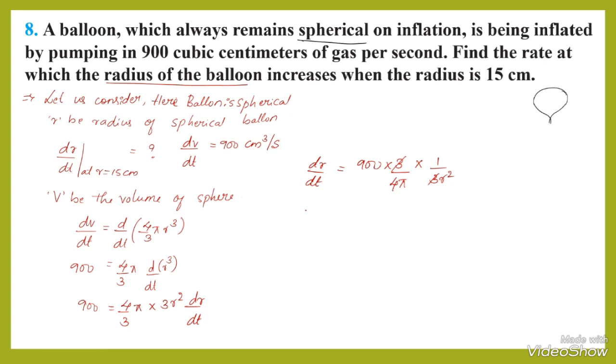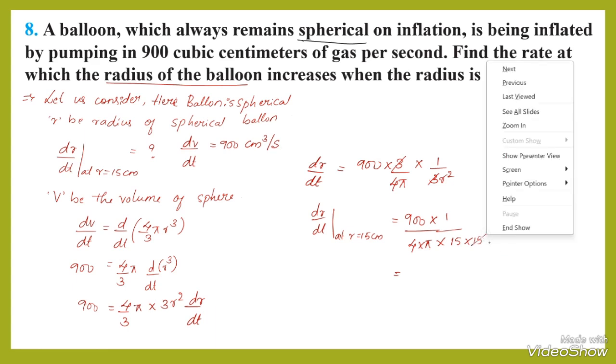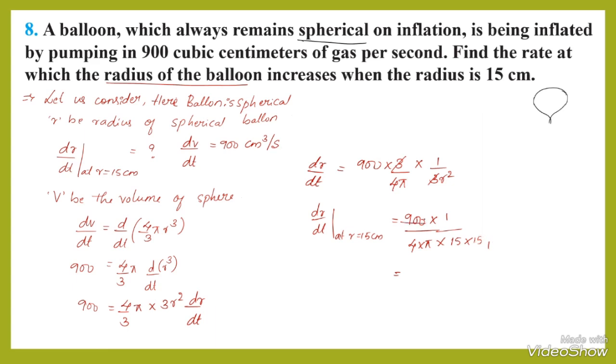dr by dt at r equals 15 centimeter. So I can take here 900 into 1 divided by 4 pi r square. So I can write 15 into 15. Calculation: 15 ones are 15, 15 sixes are 90, it becomes 0.